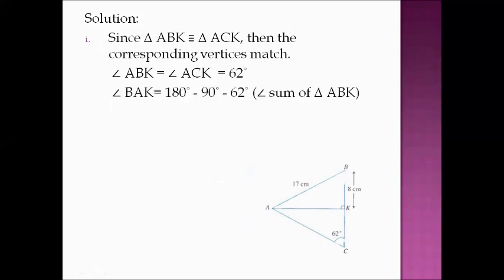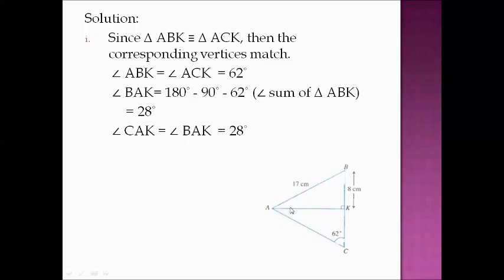The other one, angle BAK equals 180 minus 90 minus 62, by the angle sum of triangle ABK. As 90 degrees is given and another one is 62, the third one is 28. Now if this is 28, angle CAK is also equal to angle BAK. So if this is 28, this is also 28.